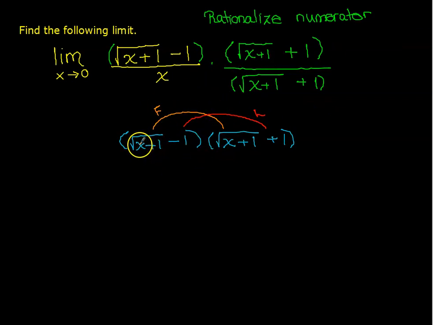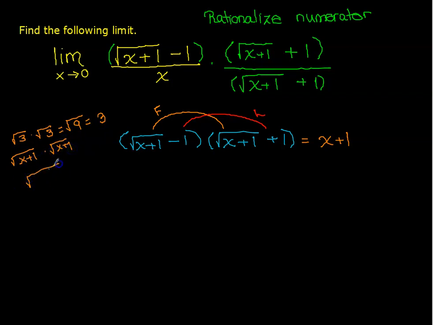So square root of x plus 1 times the square root of x plus 1 is just going to be x plus 1. So just a little trick here. If I multiply anything that's the same, square root of 3 times square root of 3 is just the square root of 9, which is just 3. So same thing with square root of x plus 1 times square root of x plus 1. It would just give me the square root of x plus 1 squared.